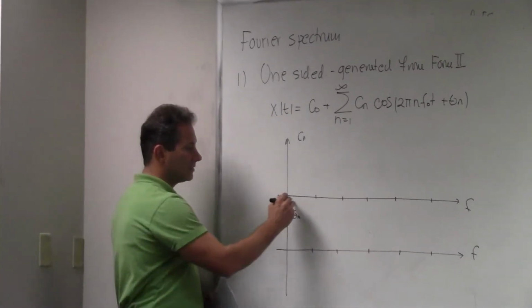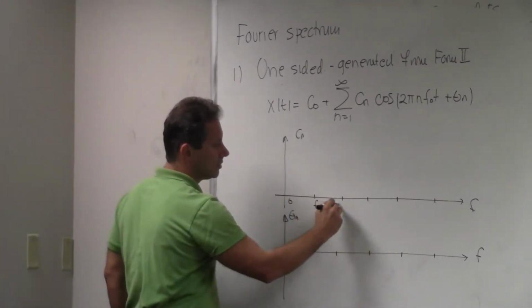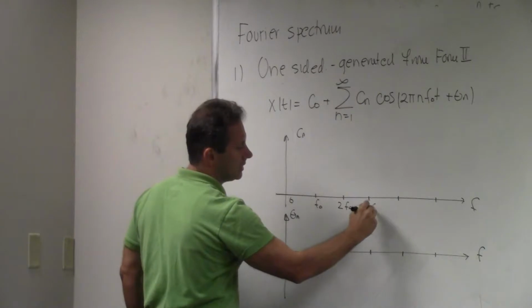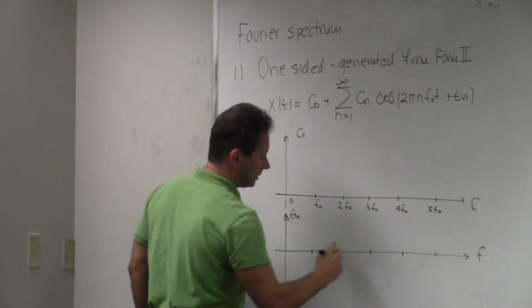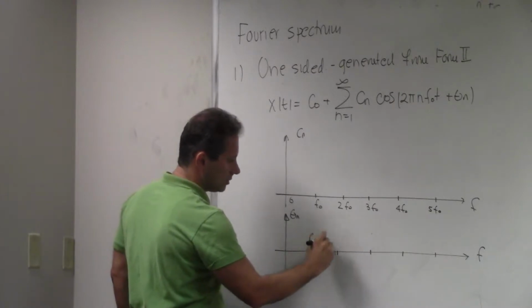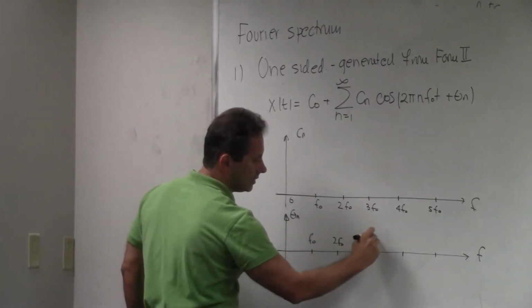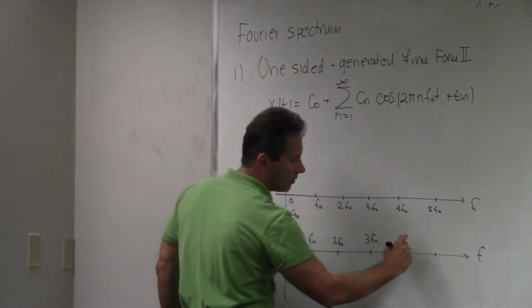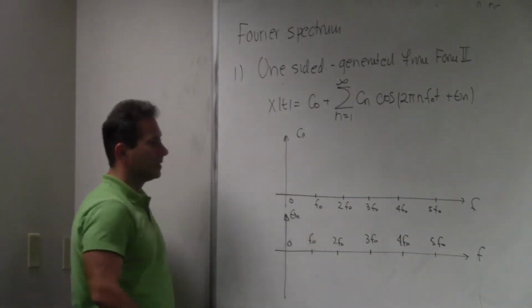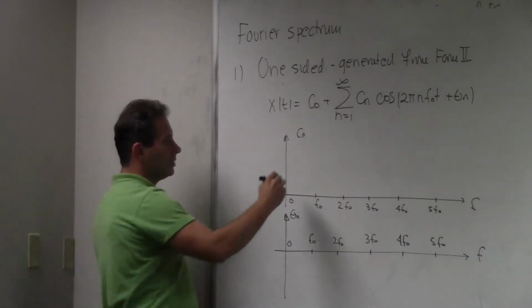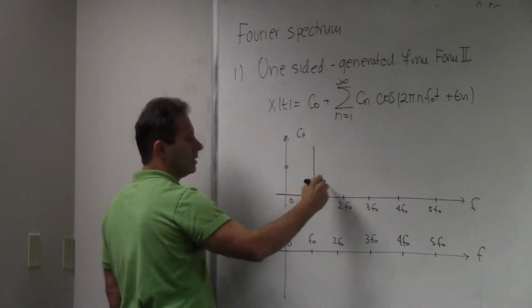So you can possibly have something at 0, f0, 2f0, 3f0, 4f0, 5f0, and so on. This is f0, 2f0, 3f0, 4, 5.